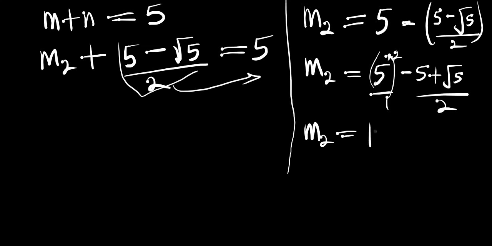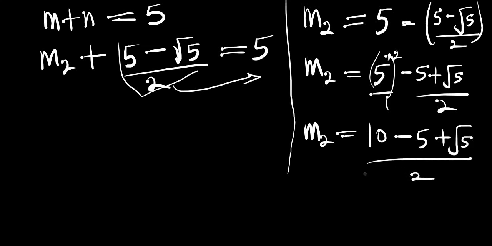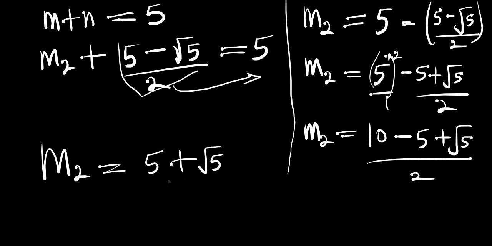So we are going to have 10 minus 5 plus root of 5, and this is divided by 2. So from here we can have m2 is now equal to 10 minus 5 is 5, and this is 5 plus root of 5 divided by 2. So this now becomes the value for m2.